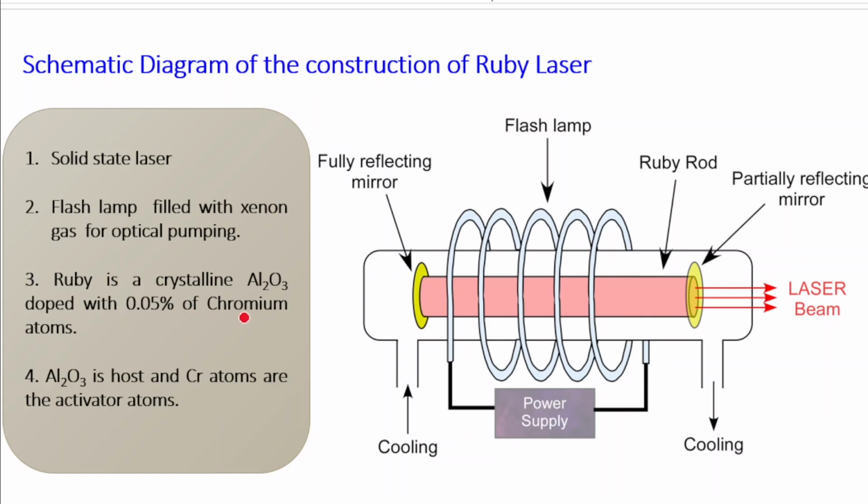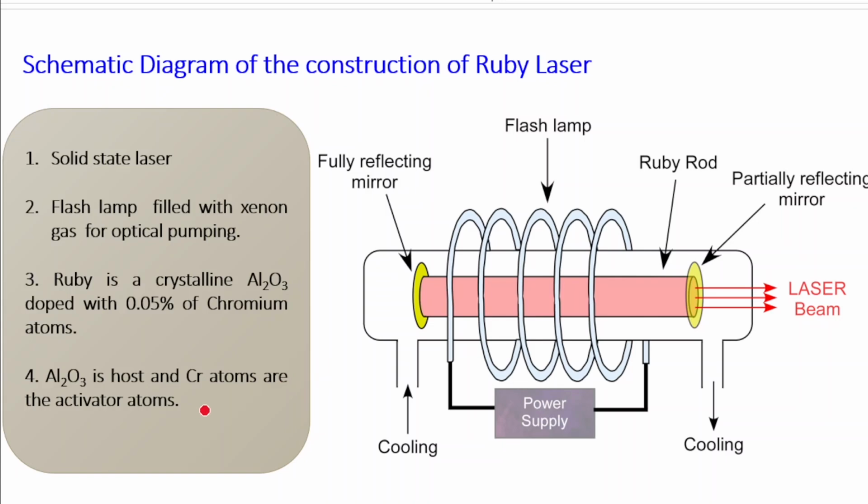Here, some of the aluminum 3 plus ions in the crystal lattice are replaced by chromium ions. The aluminum oxide is known as the host crystal, whereas the chromium atoms are the activator atoms. Here, the chromium ions give a transparent aluminum oxide crystal a pink or red color depending upon their concentration.